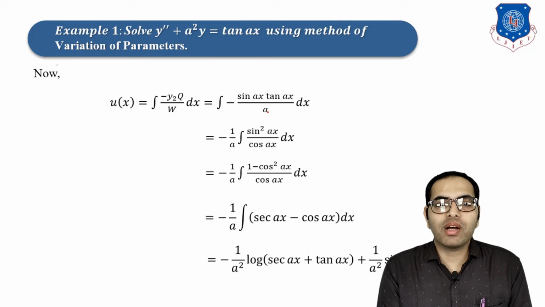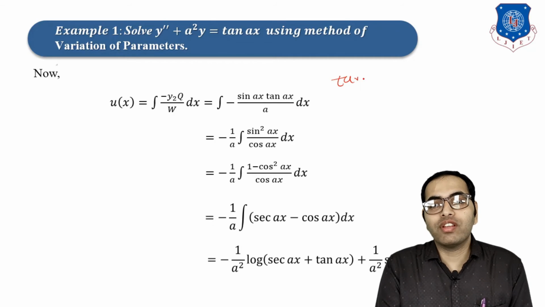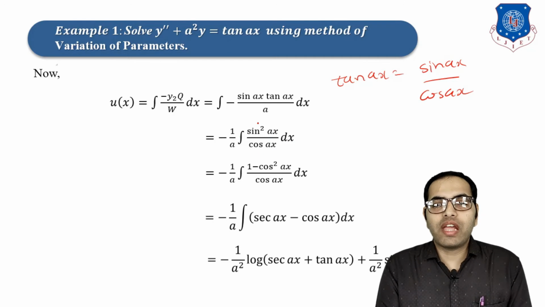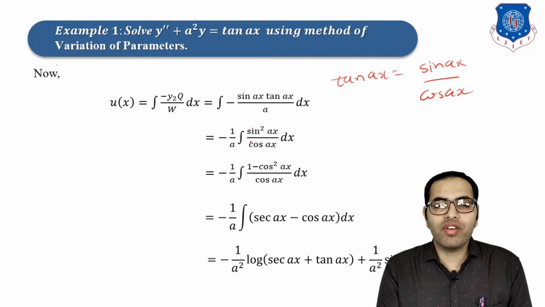Now the minus sign comes out, and a is a constant which comes out, so minus 1 upon a times the integral of tan, which we convert in the form of sin and cos. We have the formula tan ax equal to sin ax upon cos ax. Then the numerator becomes sin square ax, the denominator becomes cos ax. We cannot integrate directly, so we require some simplification. Here sin square ax is written as 1 minus cos square ax.